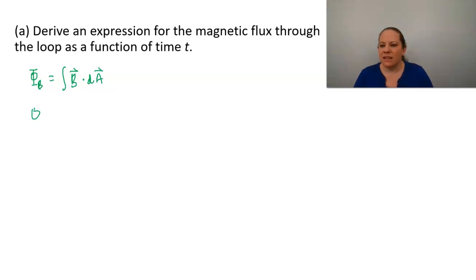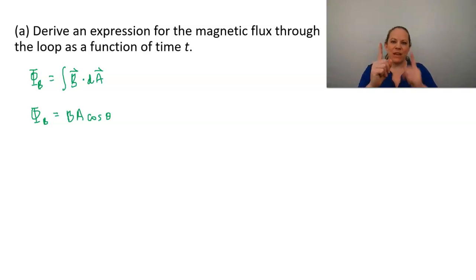And this one is just a simple product of the magnetic field and area. There's no more complicated integration. So we can write this as BA cos theta, where theta is the angle between the magnetic field and the normal to the loop.